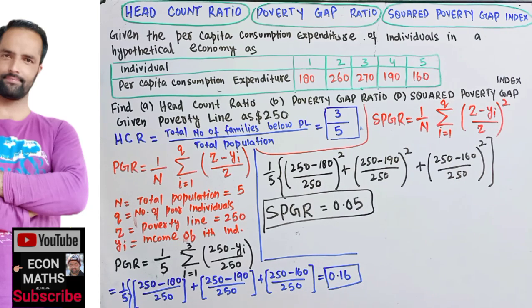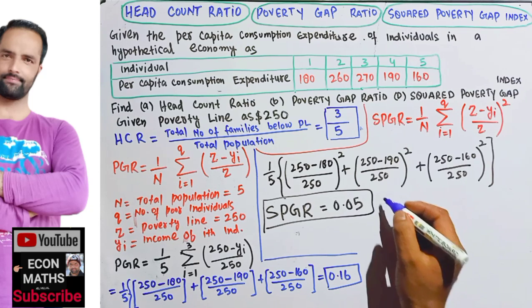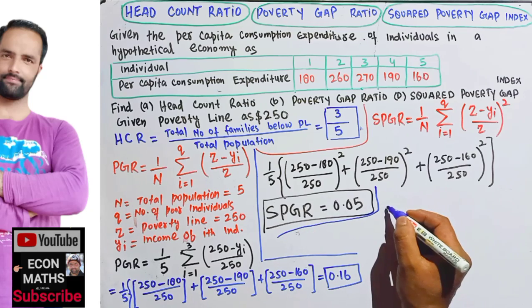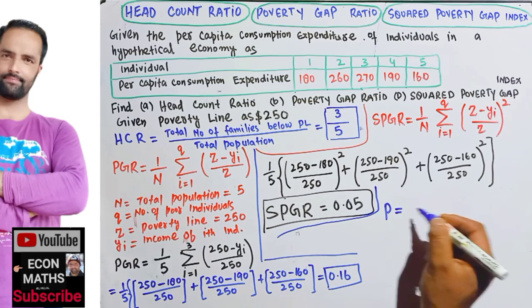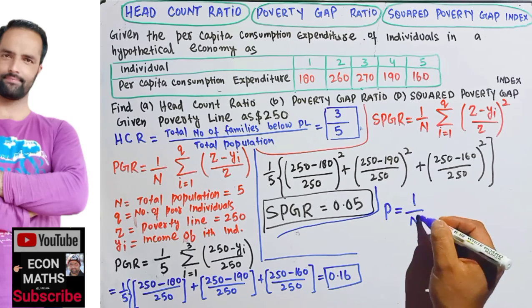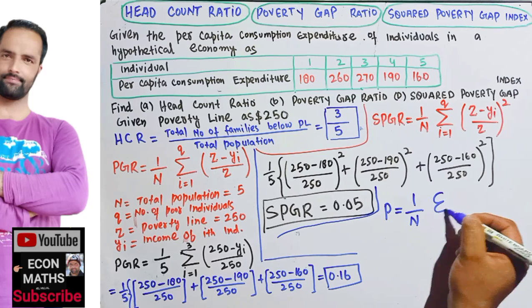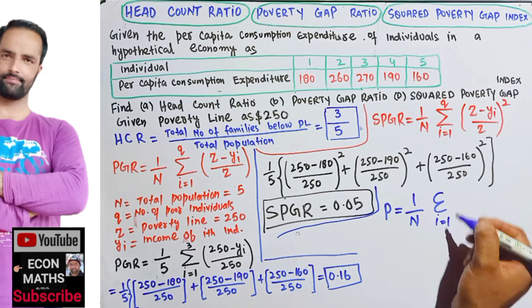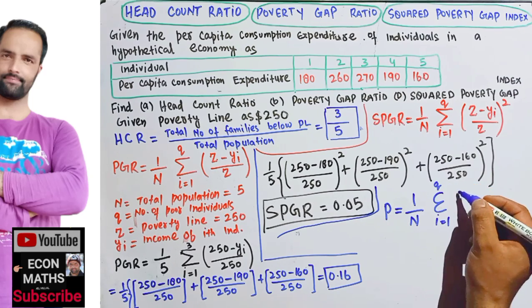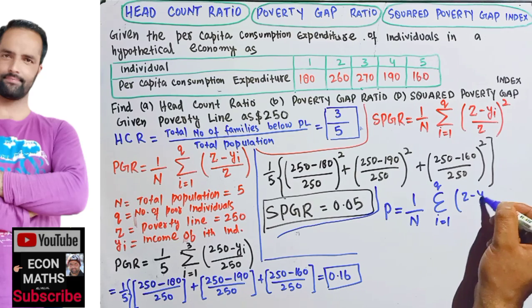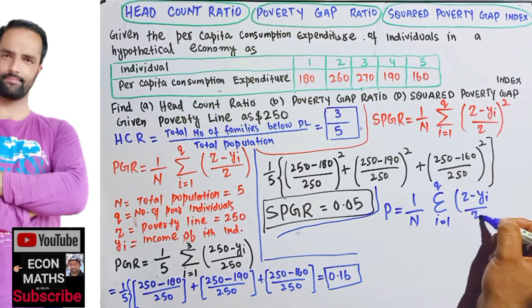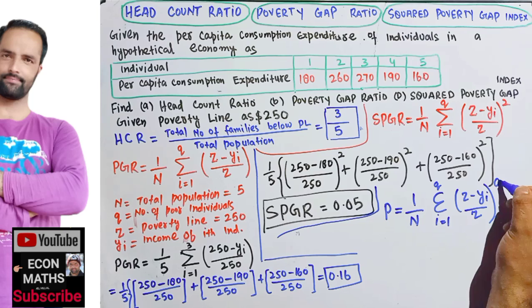So if I write it in one formula, if P denotes the poverty, we have this formula: 1 upon n, summation from i equal to 1 to q, of z minus yi divided by z, raised to the power a, where a is greater than or equal to 0.